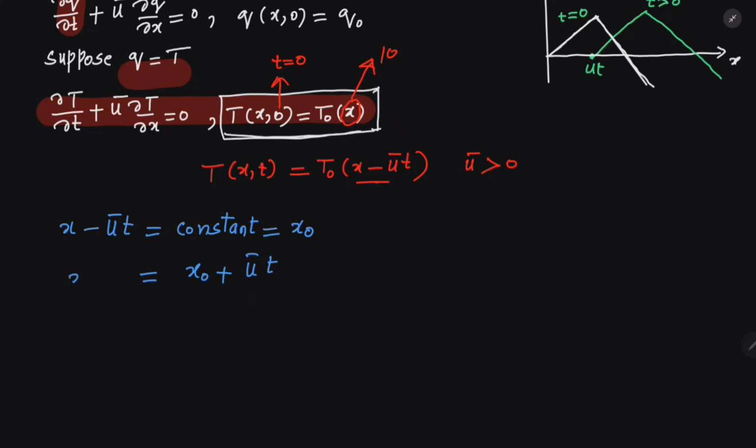So what is x over here? x is a function of t, since this x naught is constant. In one case it was 2, in another case it was 10, for example. That quantity just translates towards right.